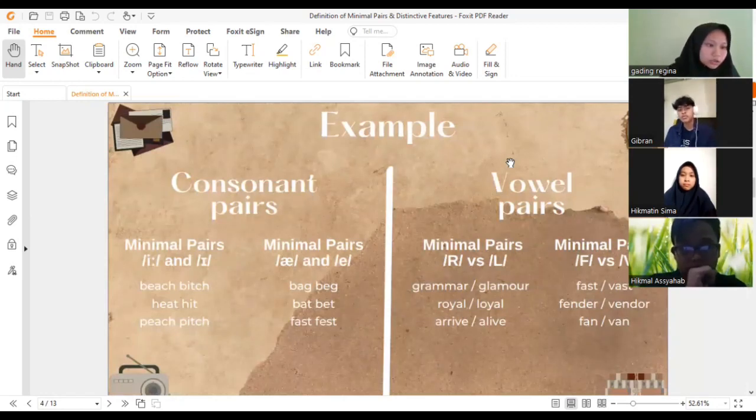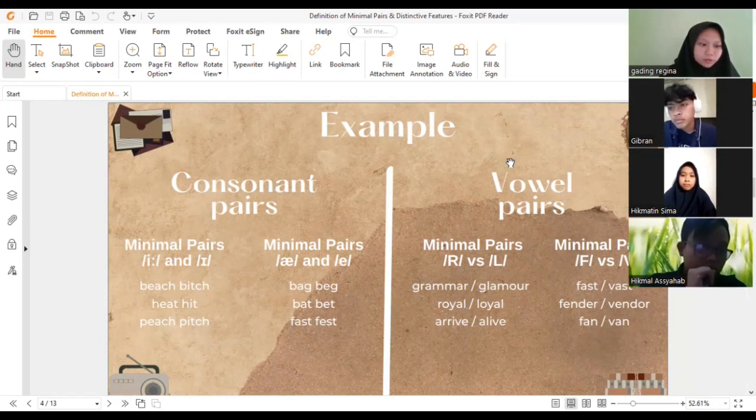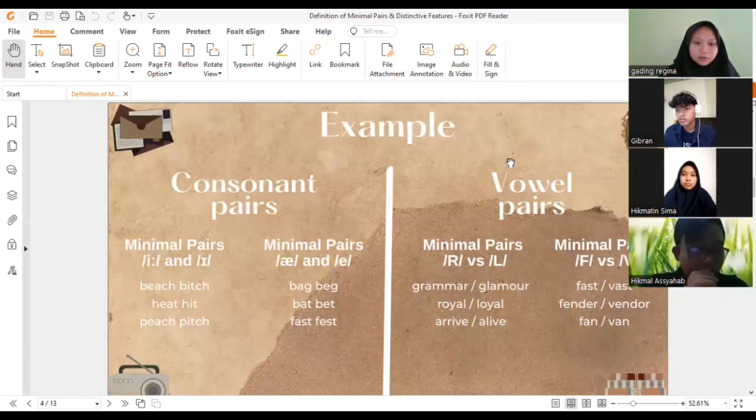And there are two parts of minimal pairs. First is consonant pairs, and second is vowel pairs. For example, minimal pairs with the vowel sounds E and I. For example, beach, if beach means pantai, that E is long.